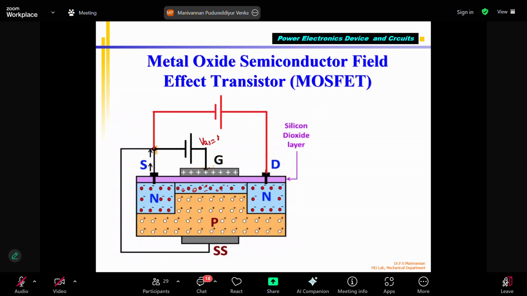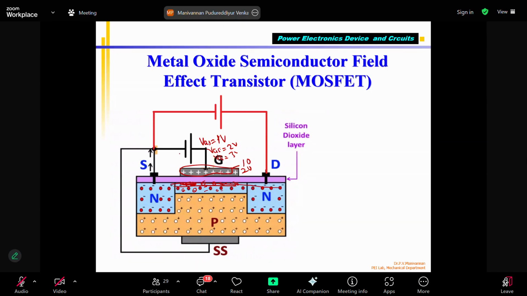Now if I give 1 volt, positive charges are attracted. For example, 10 electrons will come and sit here. If I give VGS equal to 2 volts, 20 positive charges will deposit here, so 20 electrons will come. If I give VGS equal to 3 volts, more electrons will get deposited, 30 electrons, so more current can flow.